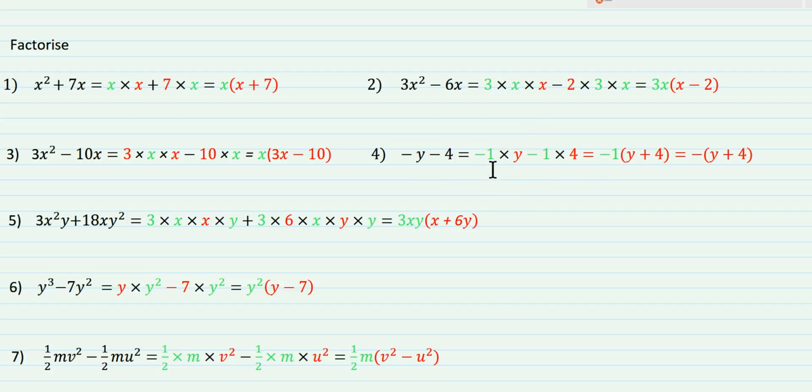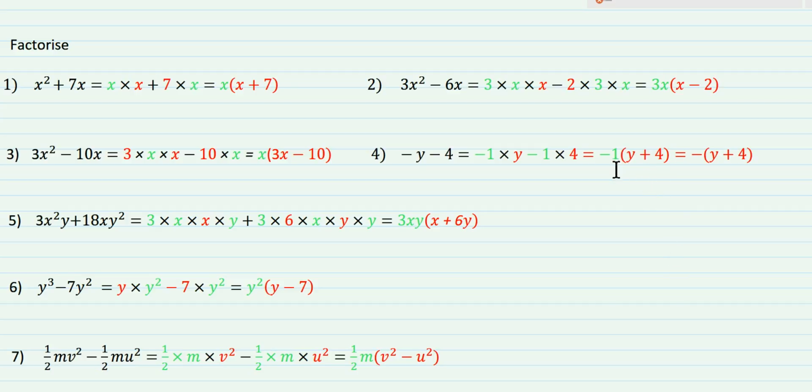So again, what is common to this first expression and the second? So it's actually minus y. So we put the minus 1 outside. Then you're left with y, yeah, then plus 4, yeah. So it's minus y, open bracket, y plus 4.